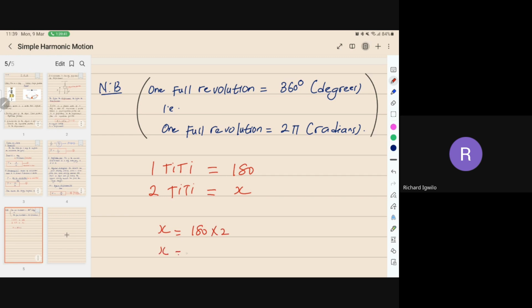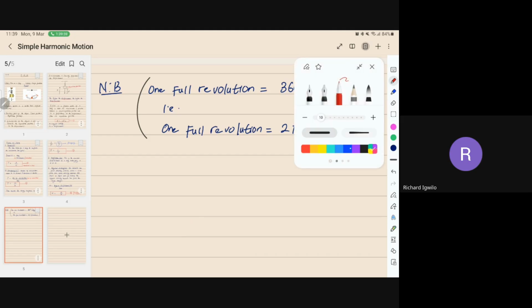So X is equal to 360 degrees. So that's what happened right there. If 1 is 180, 2 will now be 2 times 180, that's 360. So 1 full revolution is 2 pi radians. All right, so let's proceed. Rachel, I hope that's clear now, right?